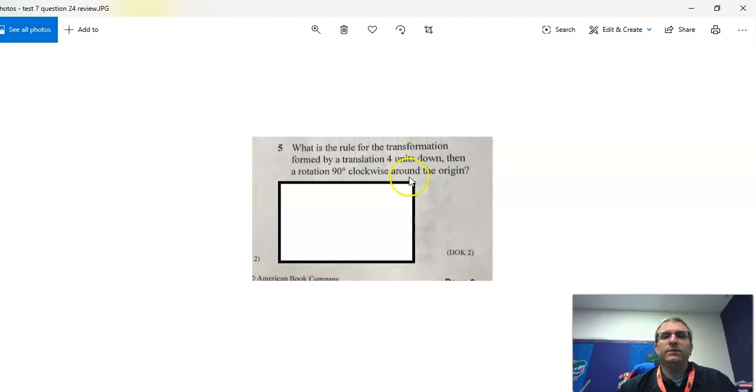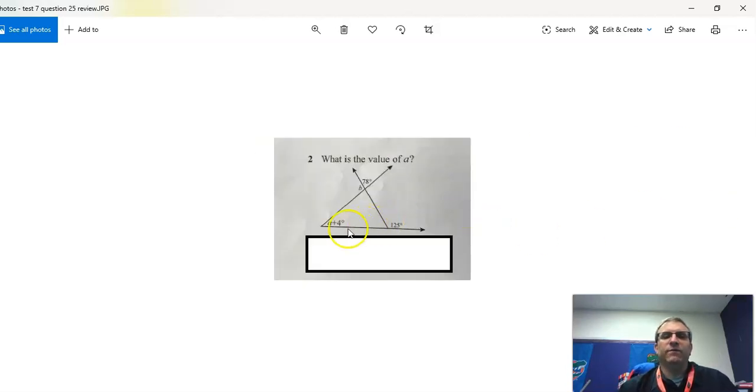Oh, I'm sorry, this is clockwise. My fault, said it wrong. When you go 90 degrees clockwise, your y value becomes the x, and the x value changes its sign and becomes the y. All right.